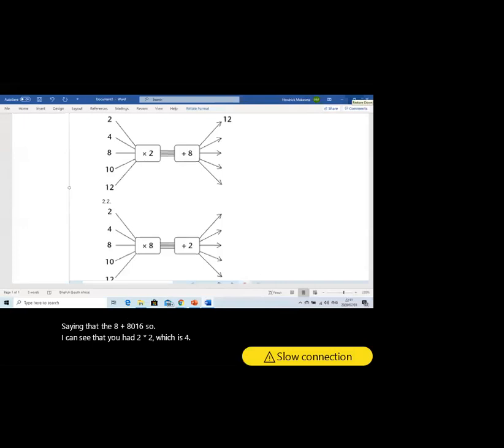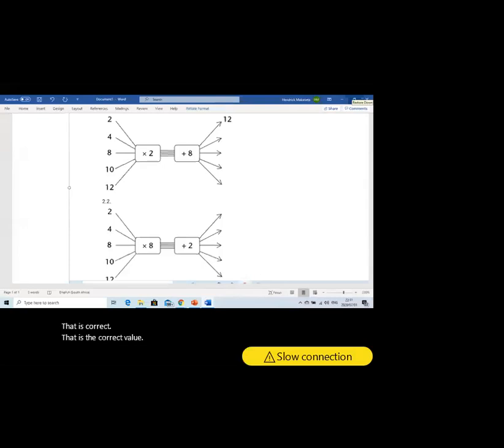I see Katleo has already said 8 times 2 is 16, and 16 plus 8 is 24. Great. Natalie also, Ntantla, and Lesedi as well. Yes, that is the correct value.